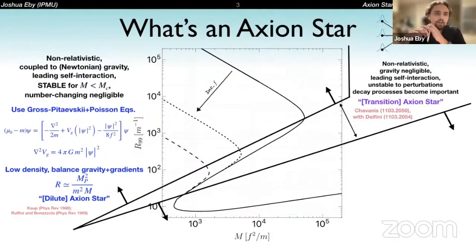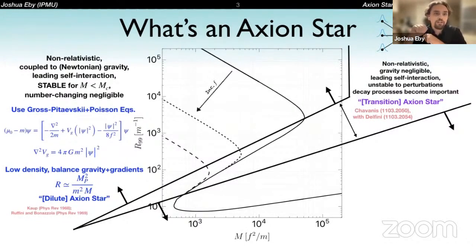A second sort of intermediate regime for axion stars is what is sometimes called a transition axion star. These are not really stars because they're not really stable. These are actually metastable configurations. If you think of sort of extrema of the action, these are sort of maxima of the action. So they're unstable under perturbations, but they're still non-relativistic.